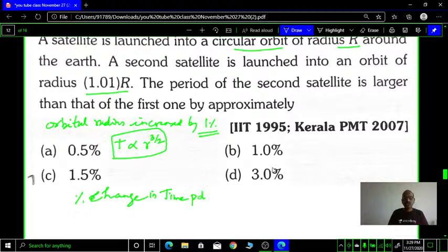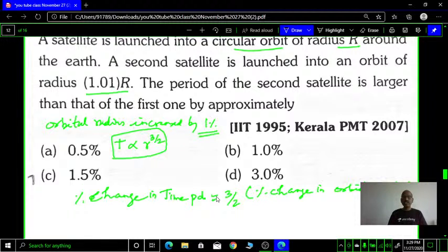So the percentage change in time period equals 3 by 2 into the percentage change in orbital radius, since T is proportional to R to the power 3 by 2.